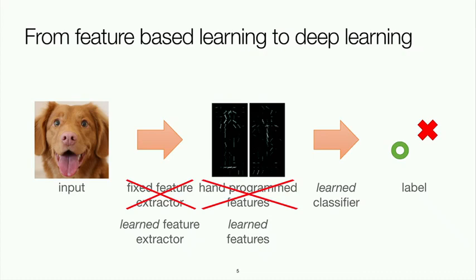Learning from a lot of data is oftentimes much more effective than trying, as a human, to design something that's going to work well. And also, we can learn features that are specific to the problem at hand, rather than trying to hand-design features that are general enough to work across a lot of different types of problems. Okay, so those are the main benefits as we move from feature-based learning into deep learning.